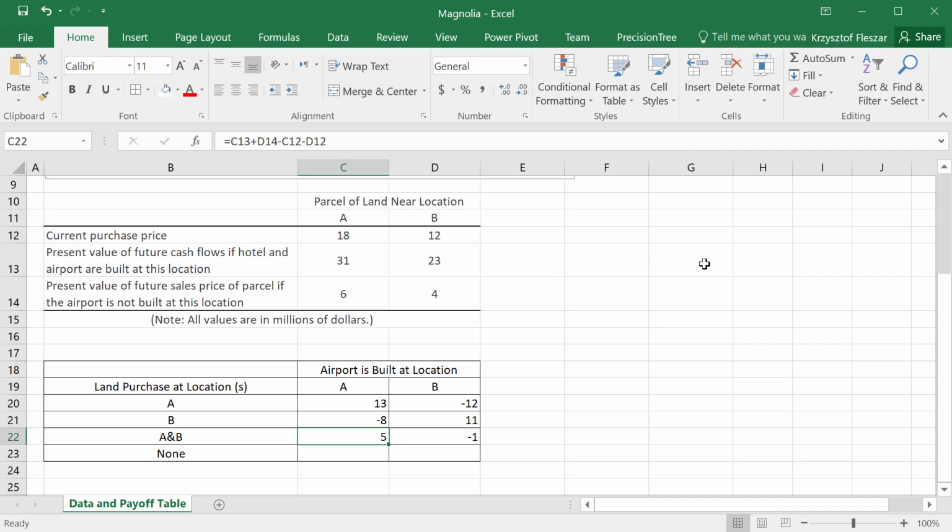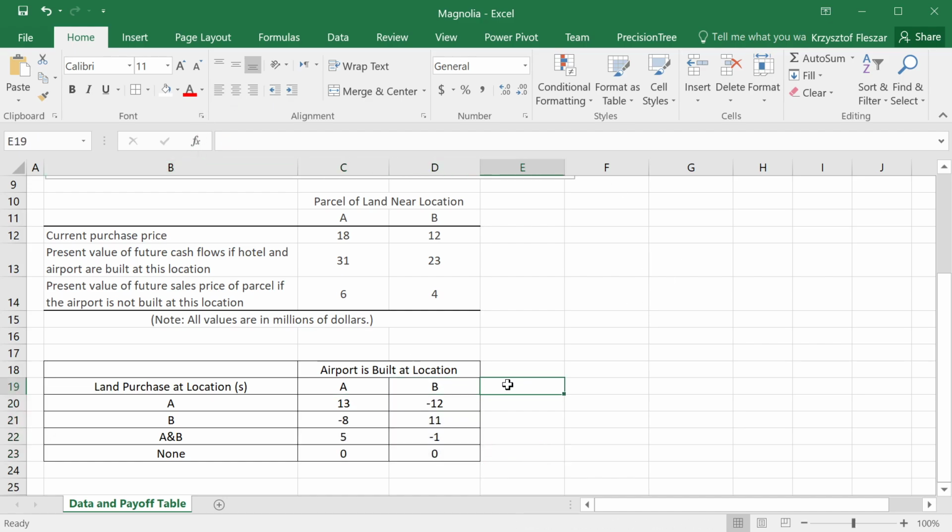It assumes we have enough credit or capital to purchase both pieces of land, but it is much less risky. In the worst case, we will lose $1 million. And if we buy neither of the locations, the actual value is 0.